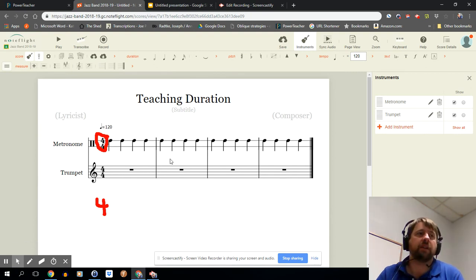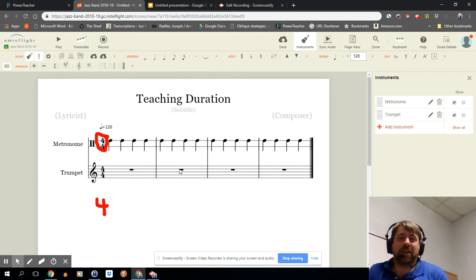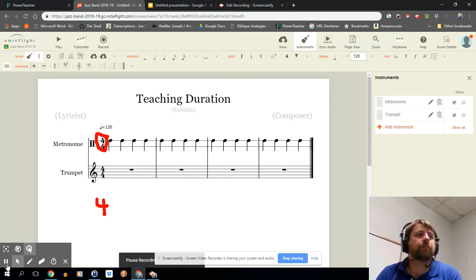I know I said that 3 times. I'm an amateur video maker at best, right? Okay, so if you look in each measure here, I have 4 quarter notes. So the measures are right here. You can see each measure has 4 of those quarter notes in it. So there's a measure line, and there's 4 quarter notes, and there's a measure line, and there's 4 quarter notes.